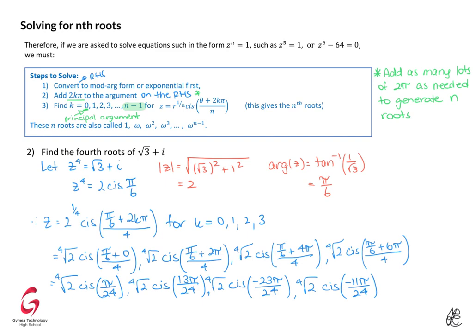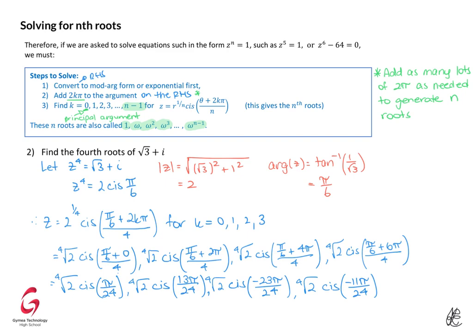And we also saw before that if they use the notation of omega, then it means that we are working with those complex roots of unity. And so that means that the first root will be the real value of 1, and then omega as the second root, omega squared as the third root, and so on until omega to the power of n minus 1 to generate a total of n roots for omega, being roots of unity.